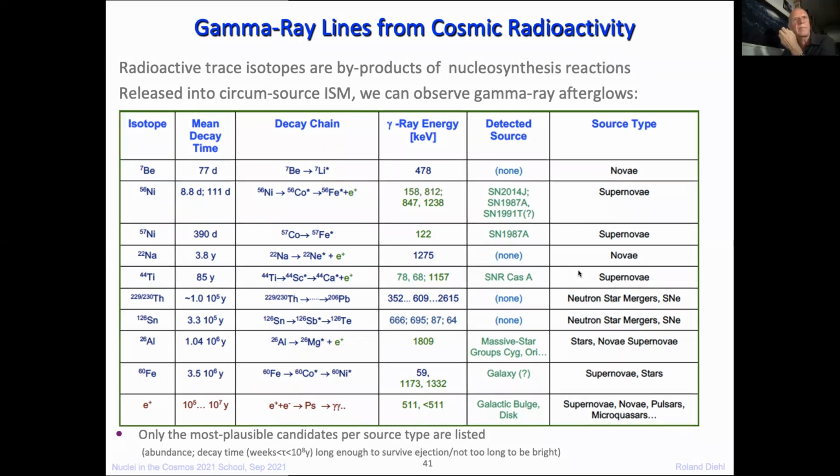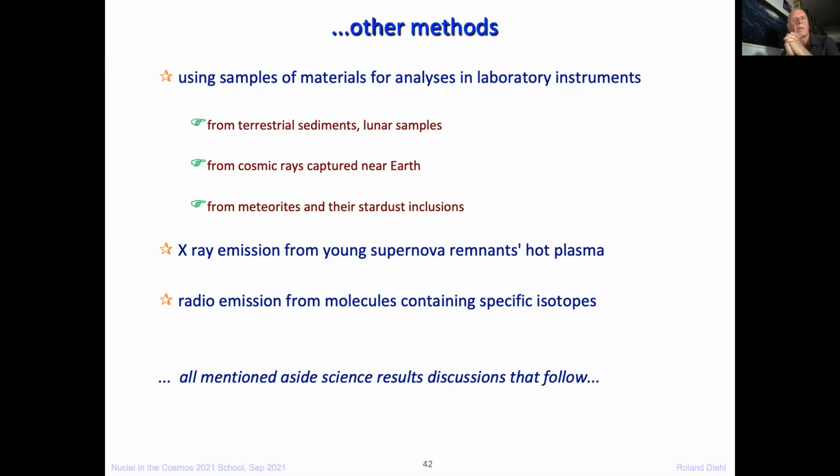examples. Now, there are other methods to determine abundances of cosmic isotopes, and I don't have time to go through each of those in detail, but let me just list them. So I mentioned already the laboratory instruments, and when you have terrestrial sediments, then you may look for cosmic material that actually was forming a sediment on terrestrial surfaces or on lunar samples, and we will see some examples of that.